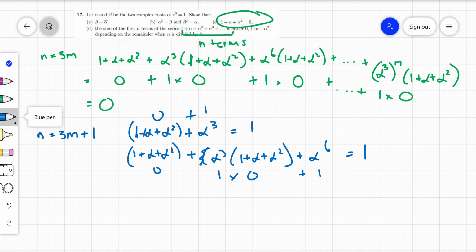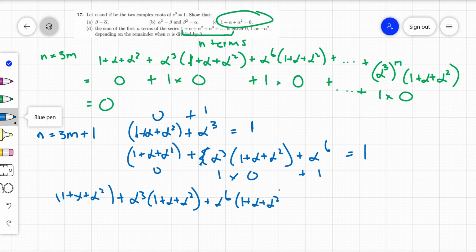Let's just do it for the general case, where m equals m. So we're going to get 1 plus alpha squared, and then again, alpha cubed times 1 plus alpha plus alpha squared. And then alpha 6, 1 plus alpha squared. So let's keep going all the way up to, remember we're always going to have that odd term.